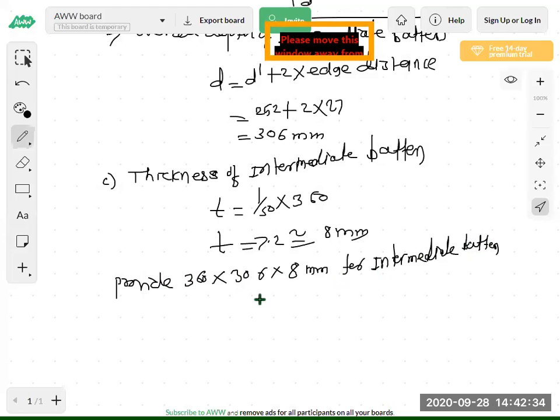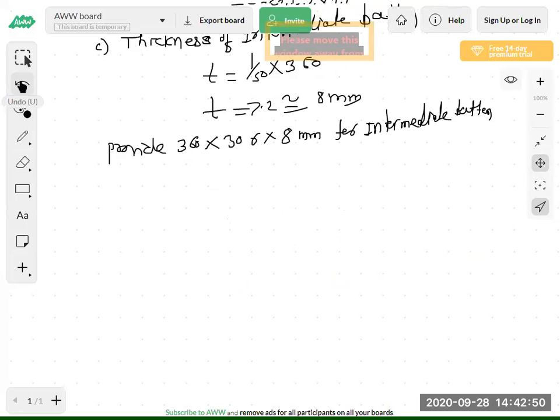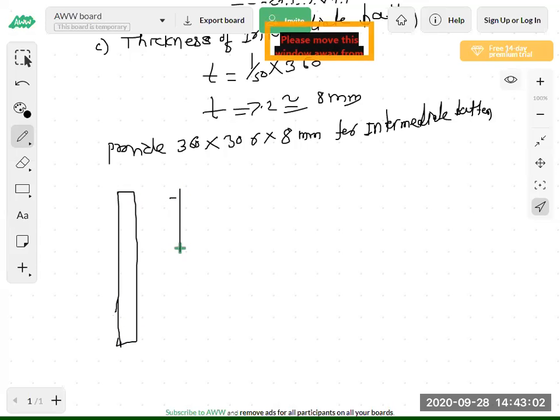It means end batten we are using at top and at bottom. An 8 meter length of column is given. So for this 8 meter length we have to provide battens, so if you draw this sketch here, see, this is the 8 meter column depth.